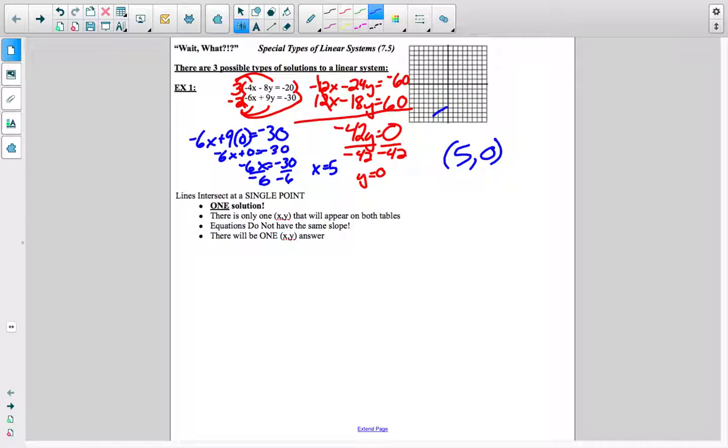Now this is a rough sketch. You could go to Desmos and graph it more accurately, or you could solve for y and graph it a little more accurately as well. But what it means is these lines intersect at the point 5, 0. The intersection is also the solution. It's just a visual way of representing it.